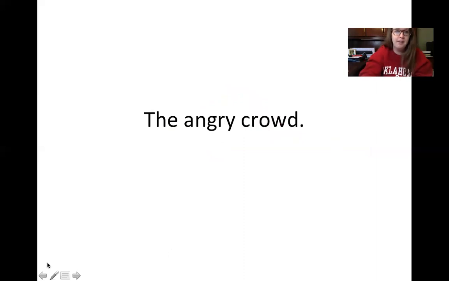Let's look at another one. The angry crowd. Do I have a complete sentence or an incomplete sentence? We have to look and see if all of our parts are there. The angry crowd tells us who we're talking about, so that would be the subject of our sentence. Do we have a predicate? Do we know what the angry crowd is doing?